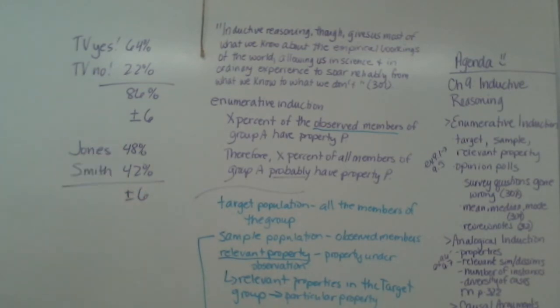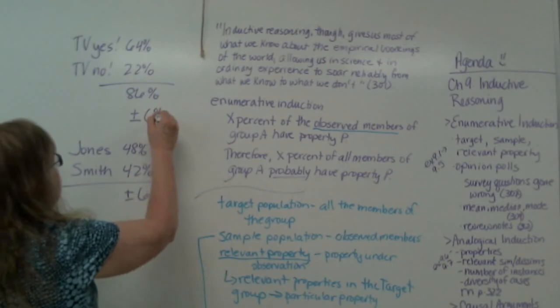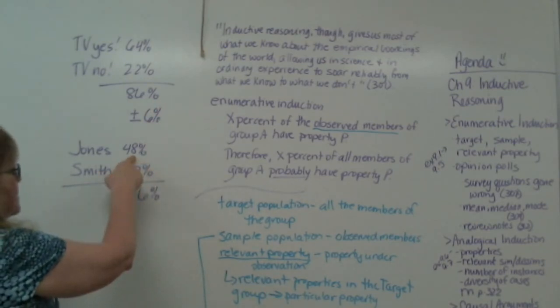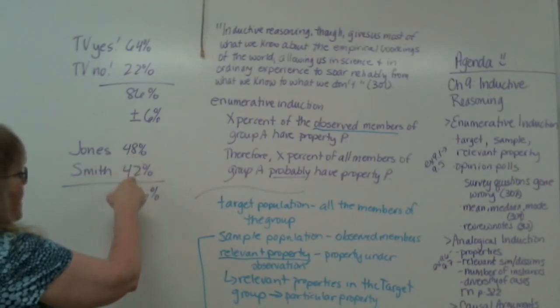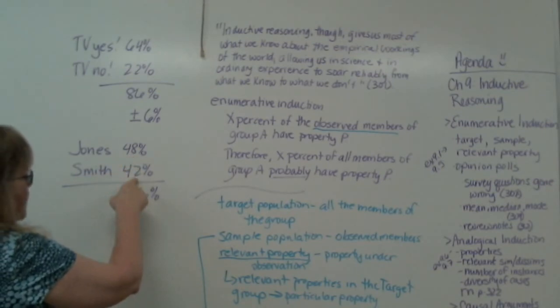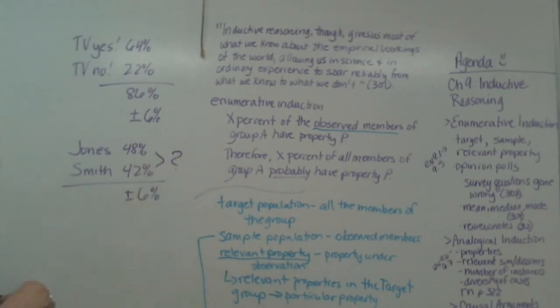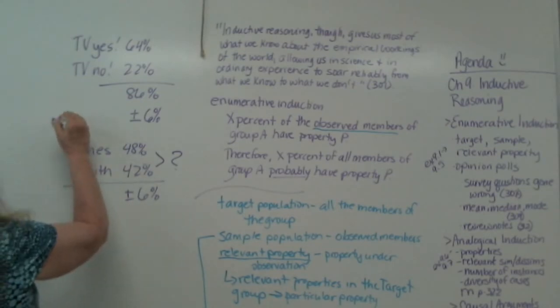These could be the same number. So if I take 6 off of this one, I get 42. If I add 6 to this one, I get 48. So this is still too close to call. That's why you get frustrated there at the end, because it's like, what do you mean it's too close to call? Look at the margin of error.